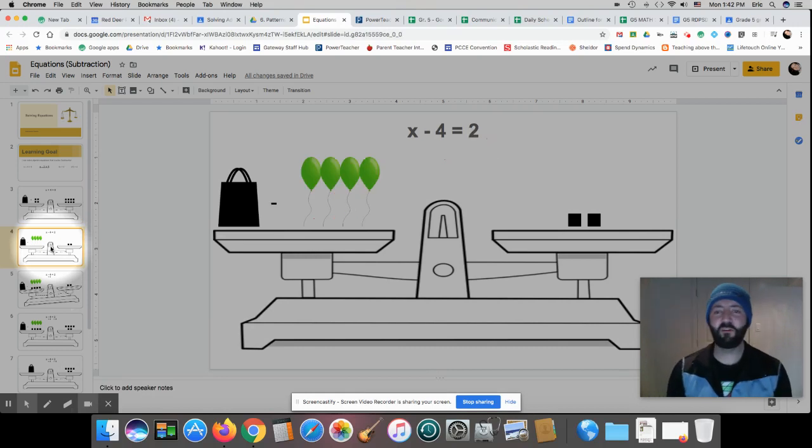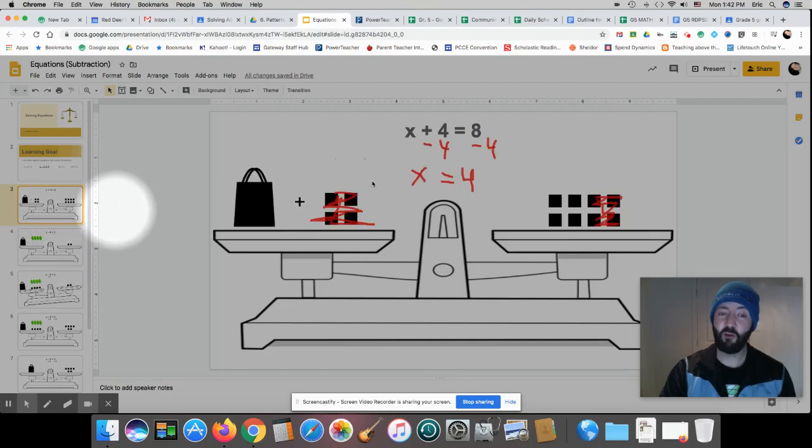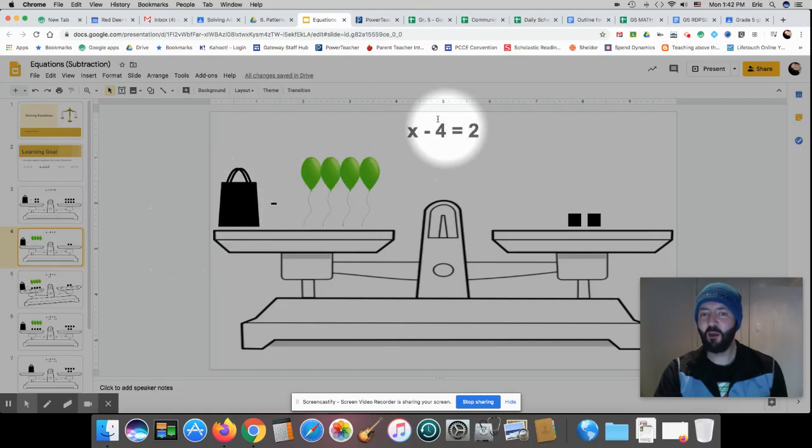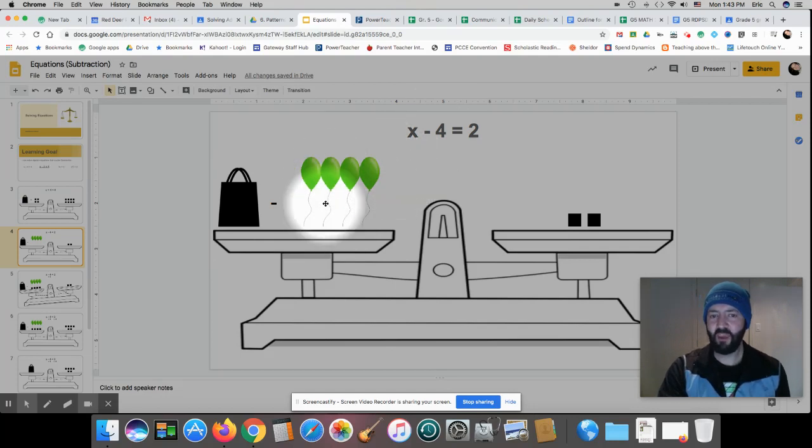Now I'm going to point out a few differences on how this is represented. If we have our mystery bag plus 4, it means that we have our mystery bag here, but we're also adding some more weight to this side. With a subtraction style question though, we are taking away 4, and so we're not making this side of the balance heavier, we're actually making it lighter.